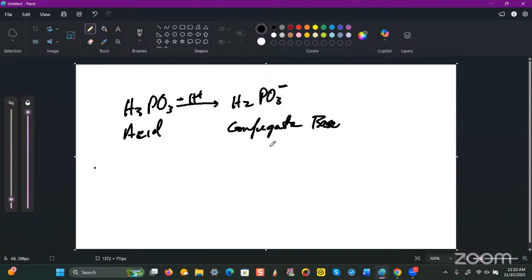Let's say I gave you NH2 minus, and this is going to be your base, and I ask you to determine what the conjugate acid is. To get the conjugate acid from the base, we add an H plus. So if you add an H plus to this, what would be the resulting formula?